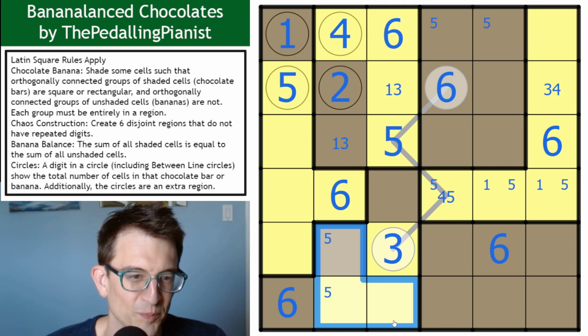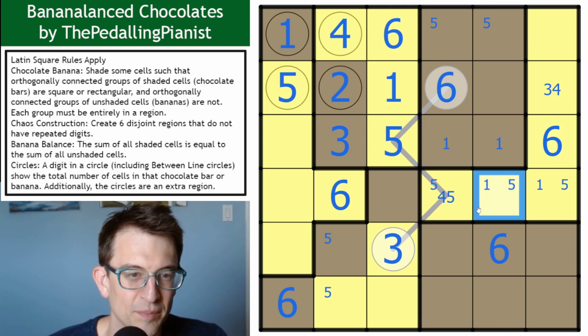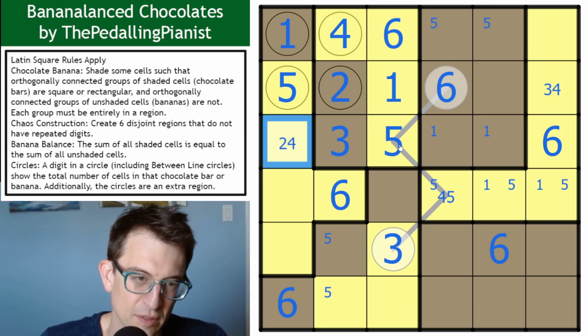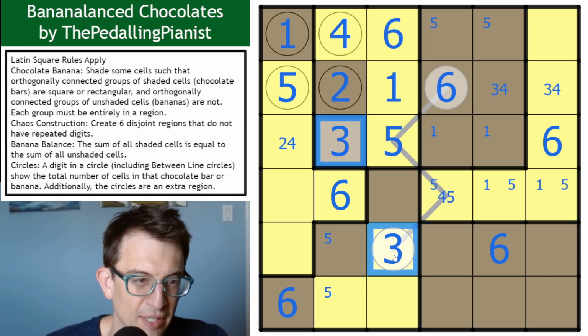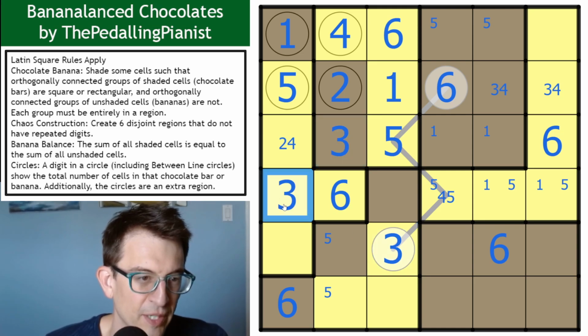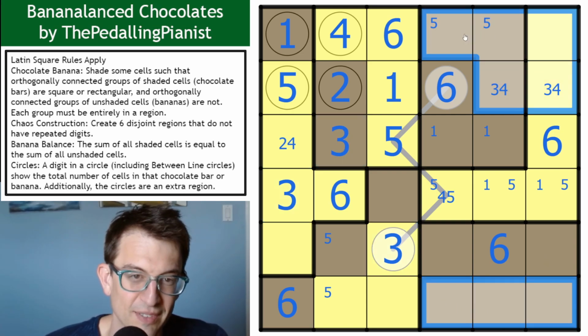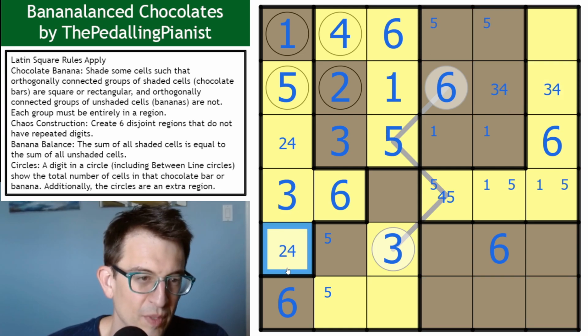Oh, this 3. Get a 1 down here. These are from 1, 2, and 4. 3 or 4. Probably need more with 3s now. Yeah, this is a 3 in this region. It's the only place that could go. I get 3s in there, which I can't do more with. That's 2 or 4.